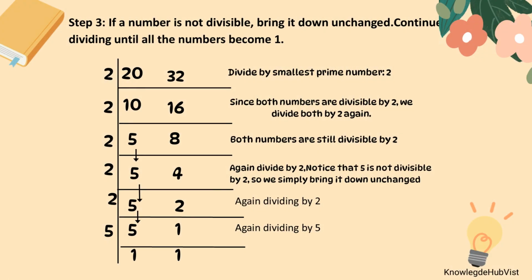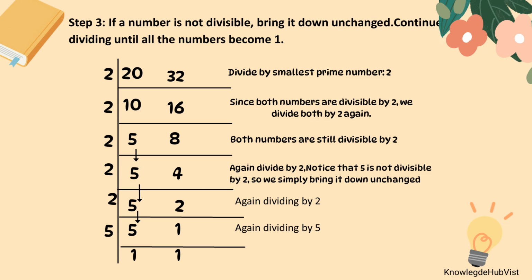Let's move on. Great! We've already divided 20 and 32 by 2 once, giving us 10 and 16. Since both numbers are still divisible by 2, we divide them again to get 5 and 8. Now, only 8 is divisible by 2, so we leave 5 unchanged and divide 8 to get 4.